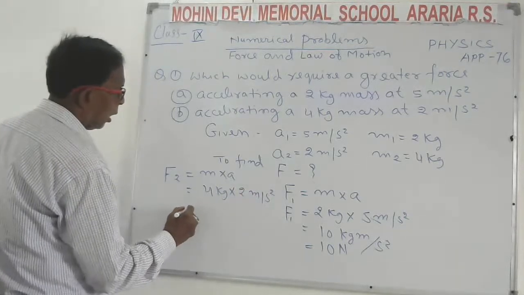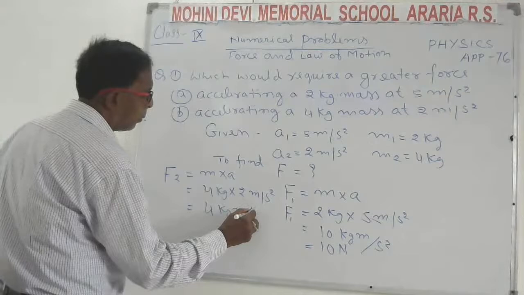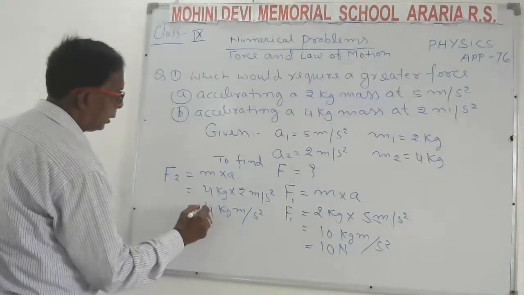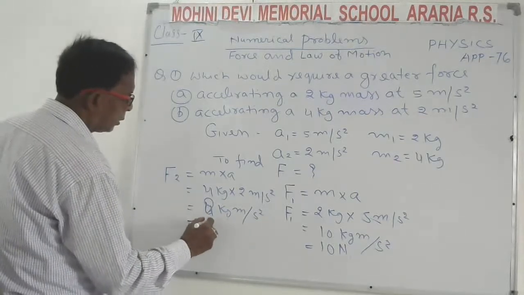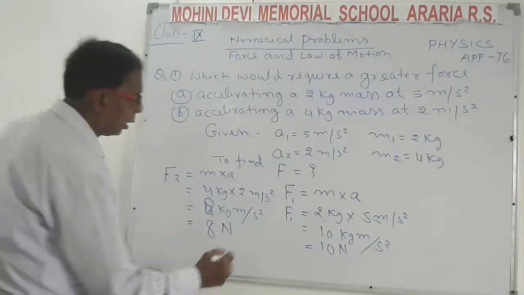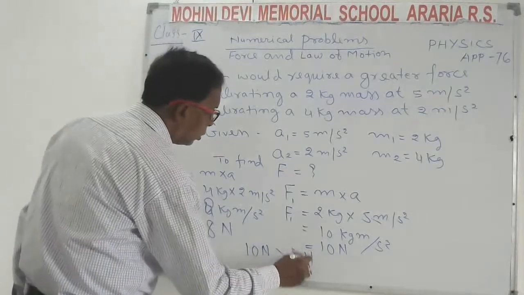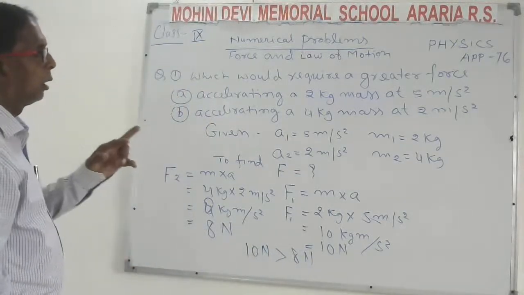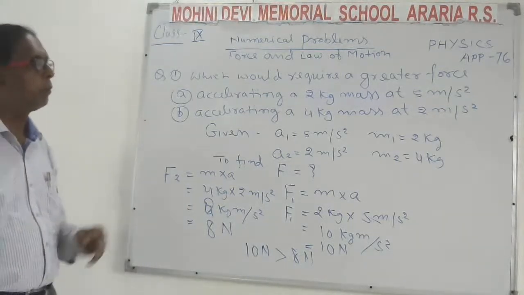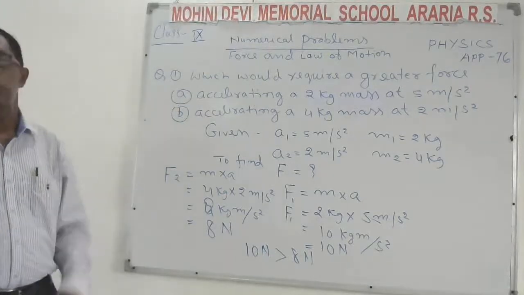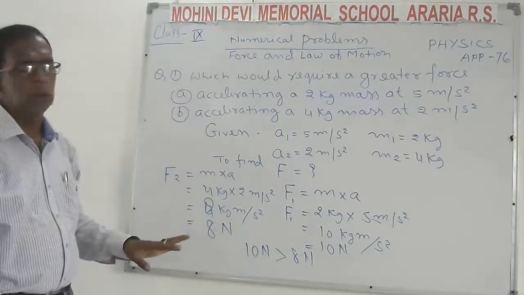After multiplying, it is 8 kg meter per second square, that is 8 Newton. Which is greater? 10 Newton is greater than 8 Newton. So the force required for the first object is greater than the force required for the second object of mass 4 kg. I think it is so easy.